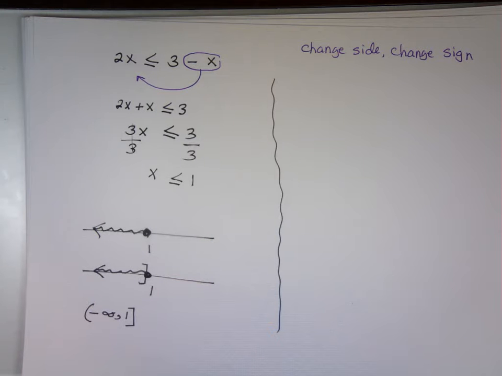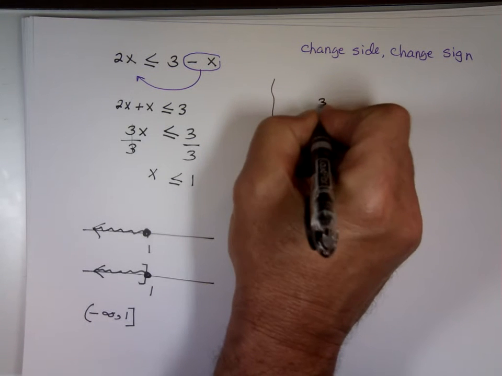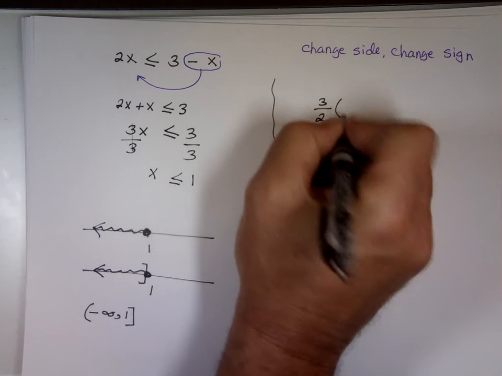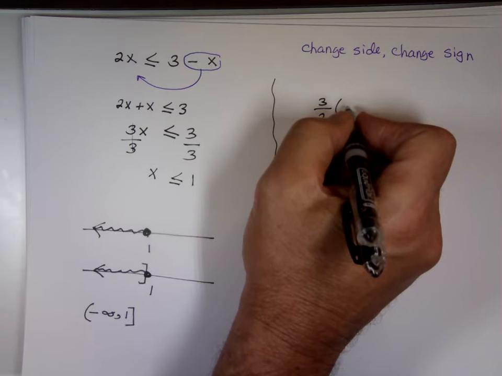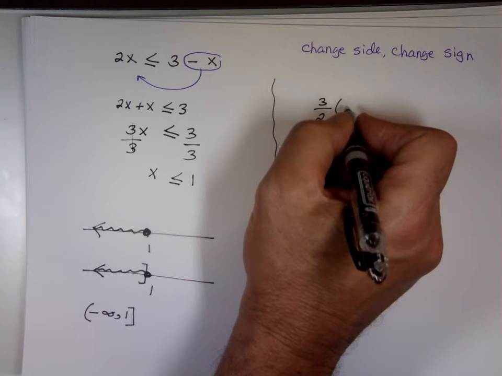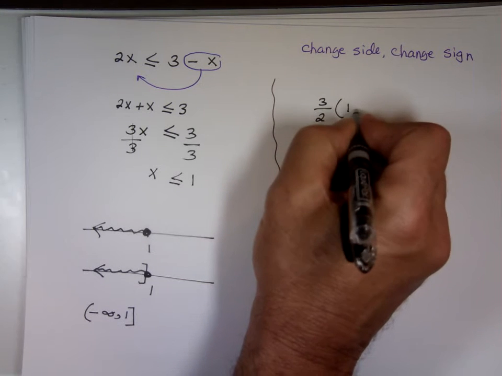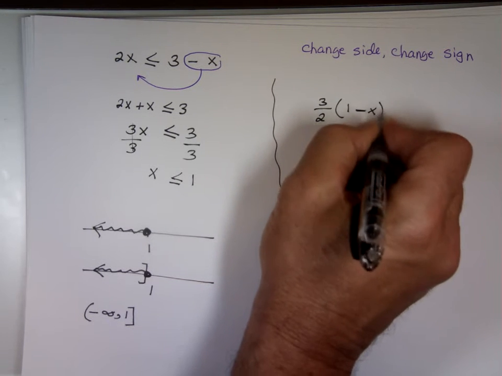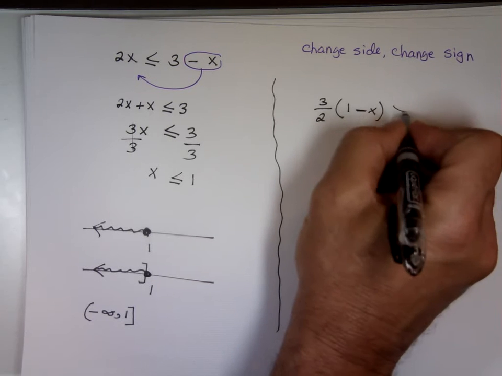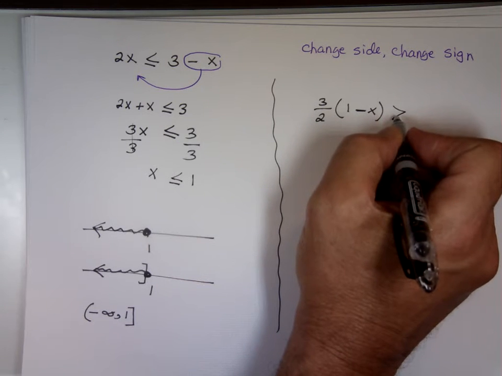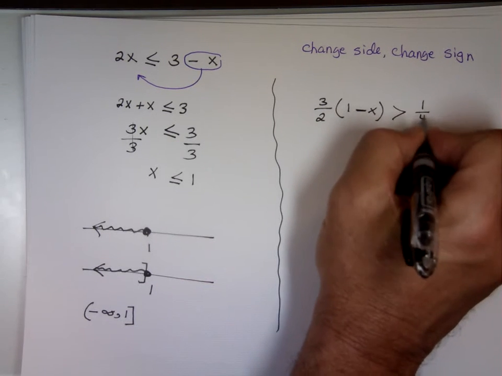Now we can make the problem a little bit ugly. Three halves times one minus x greater than 1/4 minus x.